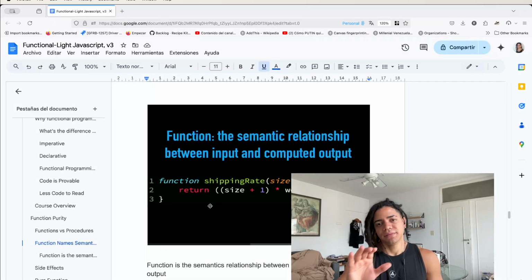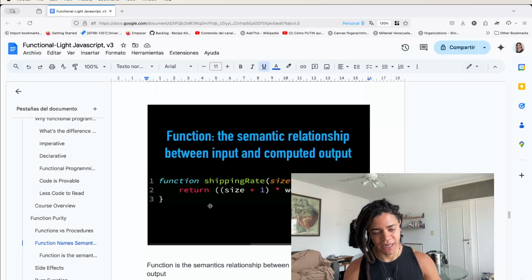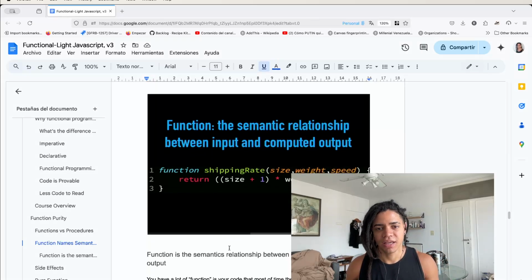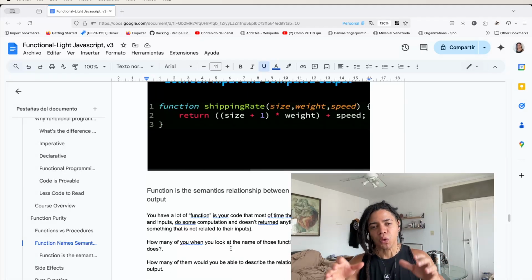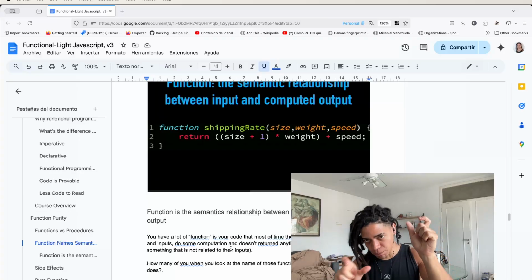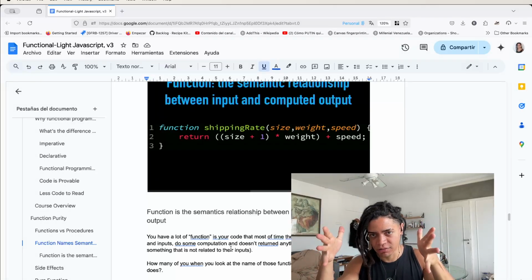So the TLDR of this, by exploring now the function purity, the difference between functions and procedures, and then function name semantics and that kind of stuff, is to understand that a function is the semantic relationship between the input and its computed value, in the sense of JavaScript.